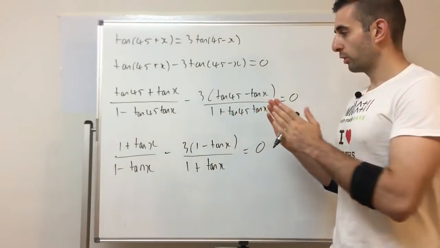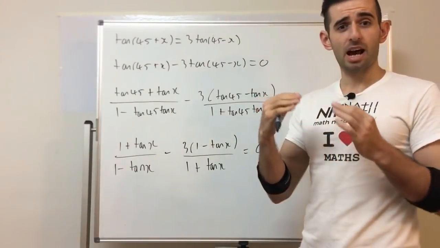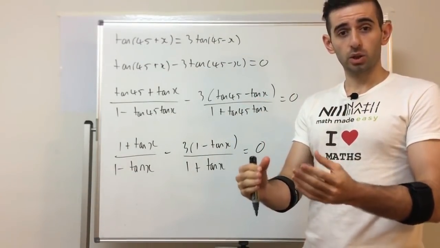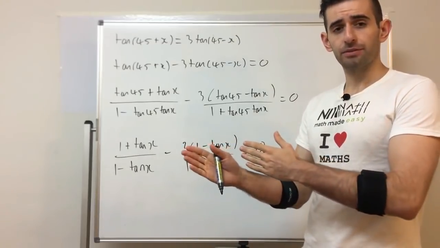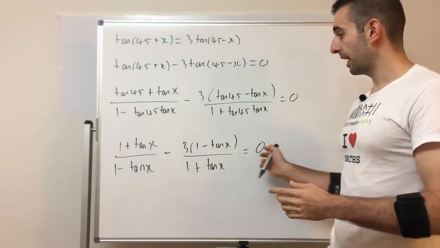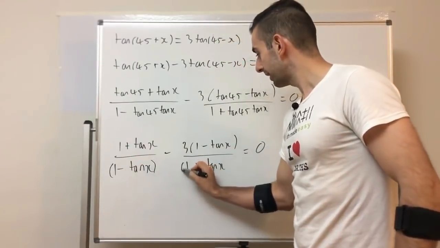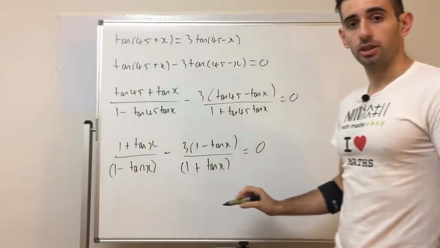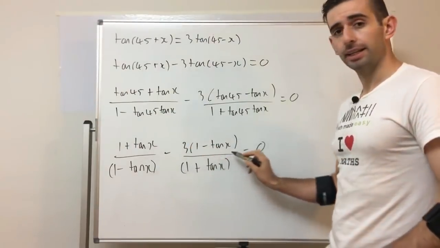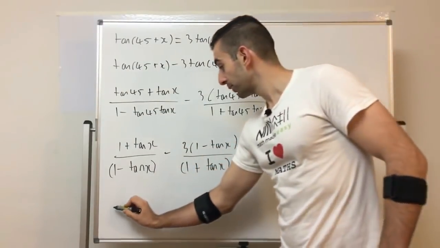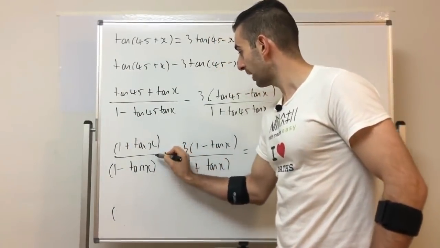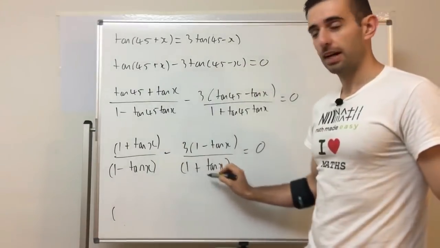Now, in order to factorize this, we need to get rid of our fractions. So in equations, in order to get rid of fractions, what we do is we times everything by the lowest common denominator, which would be the product of these two. So essentially, we cross multiply here. If we do that, what you should notice, if I put this in brackets, that is that times itself.